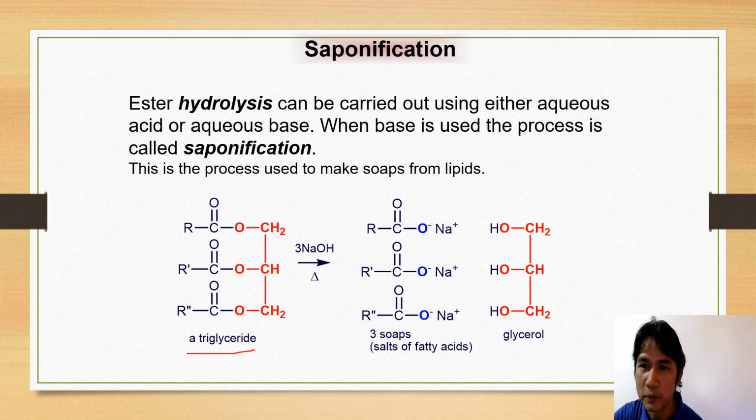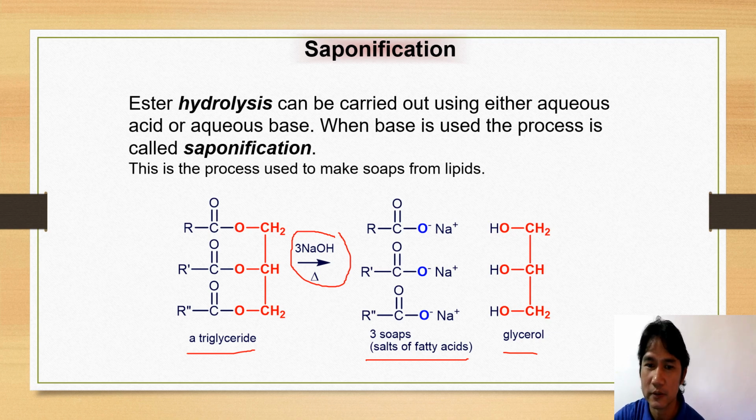Saponification is the reaction wherein an ester is hydrolyzed in the presence of a base. A triglyceride, for example, reacts with a base to form a soap and a glycerol. So take note, when you are asked what saponification is, it is hydrolysis in the presence of a base.